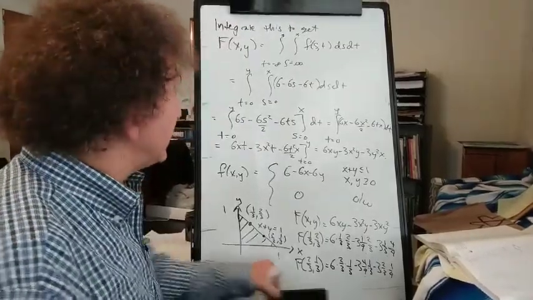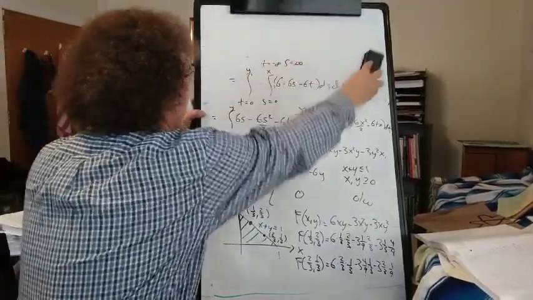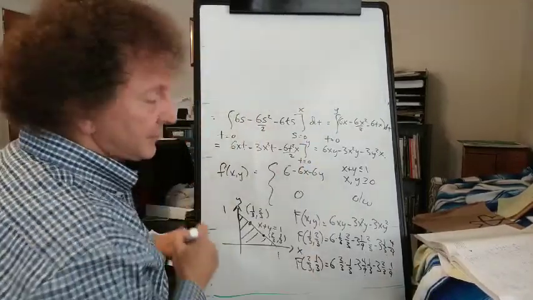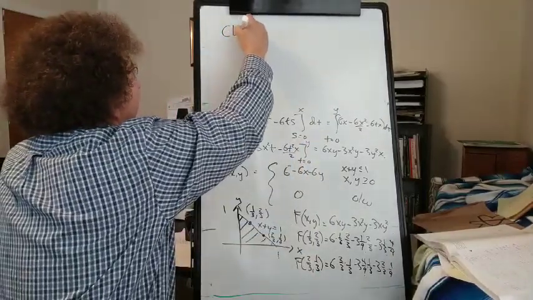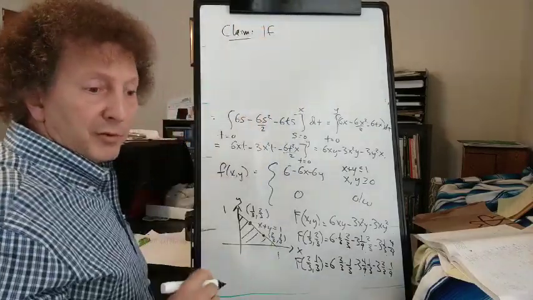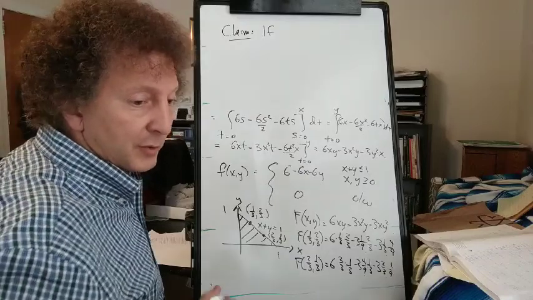Now, a consequence of exchangeability of continuous random variables is just like the same consequence we have for discrete random variables. That is, if continuous random variables are exchangeable, then they end up being identically distributed.